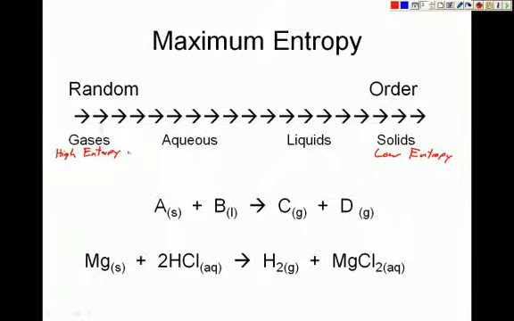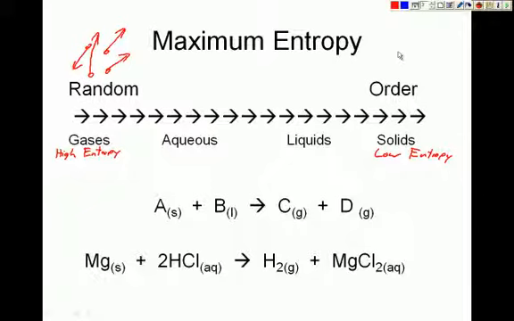Now, if you think about this, in a gas, when you have a couple molecules of gas, they're just moving around so much, and they have a lot of energy, and they have a lot of randomness. Those molecules are going to be moving around so much.